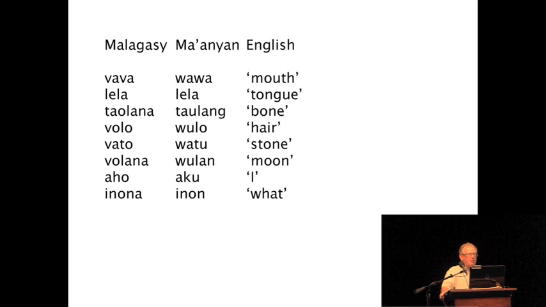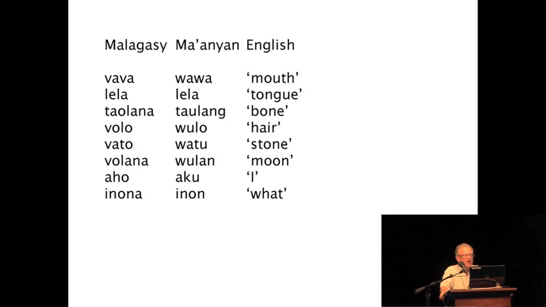In fact, even early travelers exploring the Indian Ocean area, if they landed in Madagascar, talked to the local people, then went on to the East Indies, talked to the local people, already noted similarities. And in the mid-20th century, a very systematic comparison was done by a Norwegian linguist, Otto Christian Dahl, comparing Malagasy with Maanyan, which is a language of Borneo in what is now Indonesia.